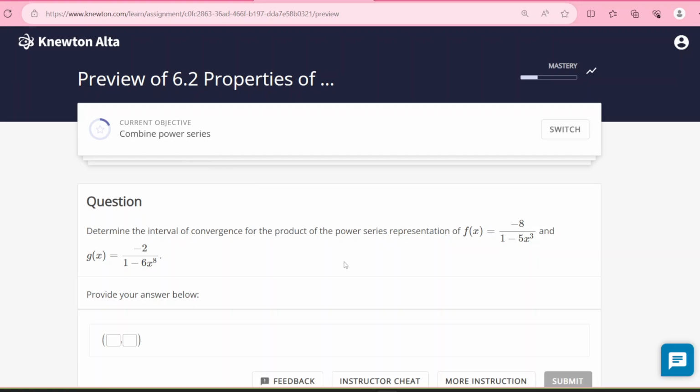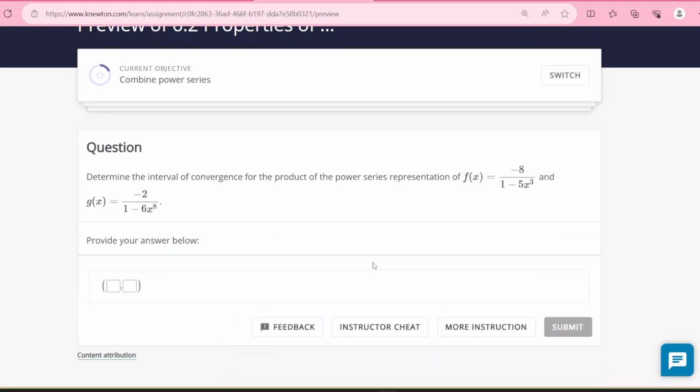So back to combining power series. Now, here's the product. Determine the interval of convergence for the product of the power series. It works the same as for a sum. If you were to multiply two power series and you want the product to be convergent, then the two factors, the two series you're multiplying, must be convergent.